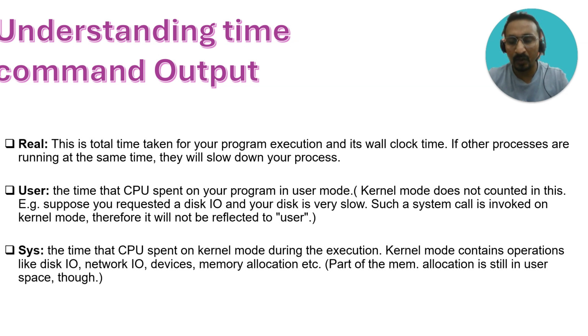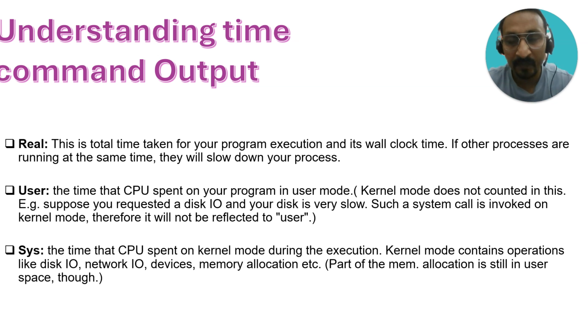The user time is the CPU time taken for the initiation of that command. But suppose your disk is slow and it's taking time to write the file; the disk IO operation is not considered under user mode.